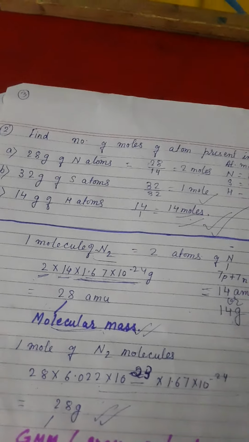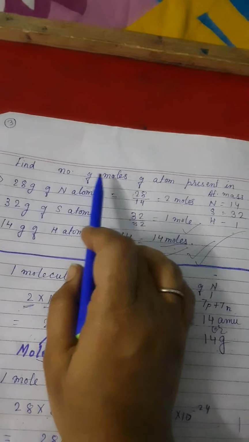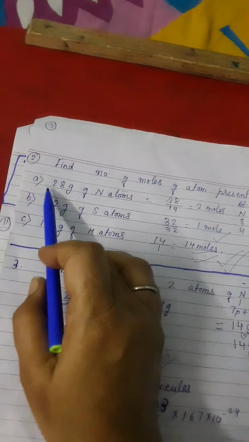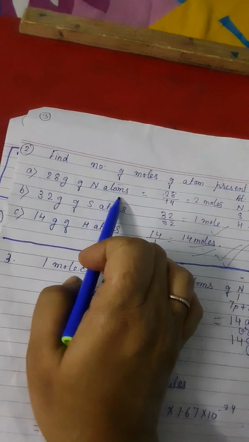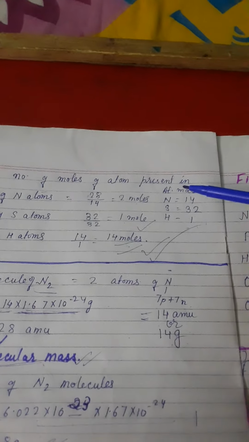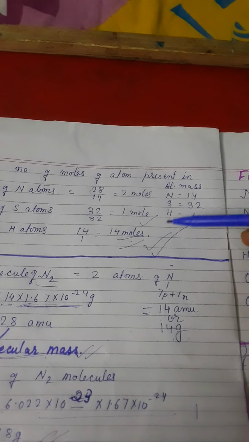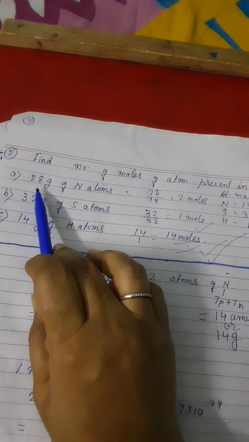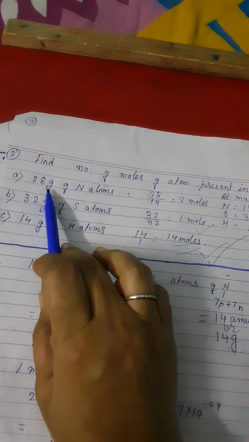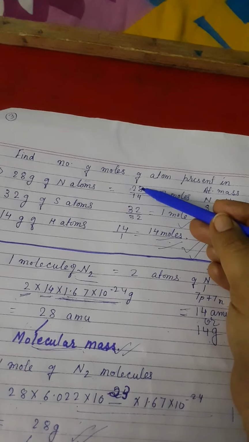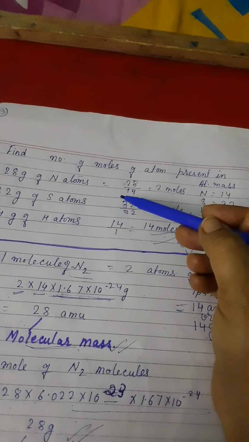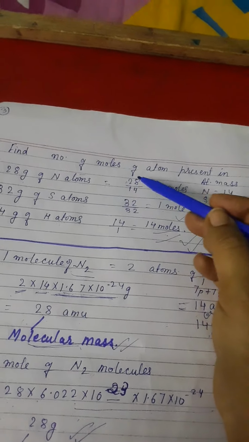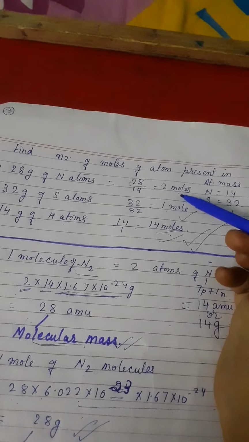We have some more examples. Find the number of moles of atom present in 28 gram of nitrogen atom. In your question paper, the atomic mass of atoms will be given. So the mass given is 28 and the molar mass of nitrogen is 14. The number of moles is 28 by 14, that is 2 moles.